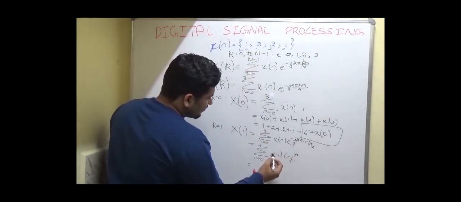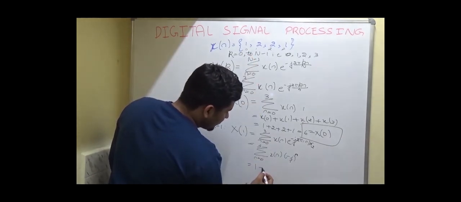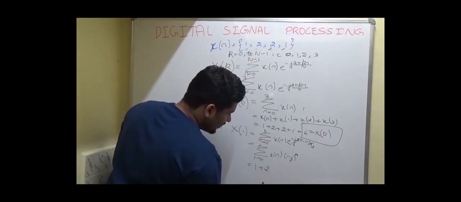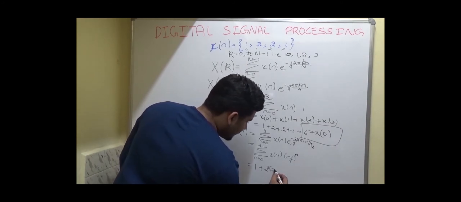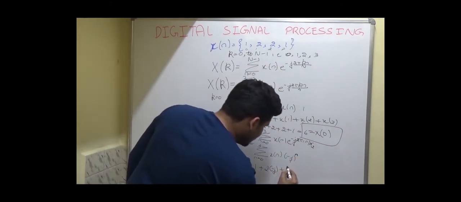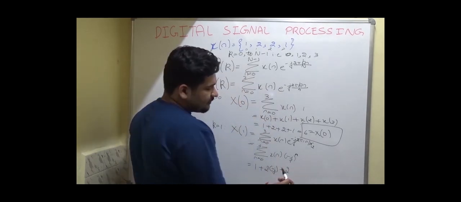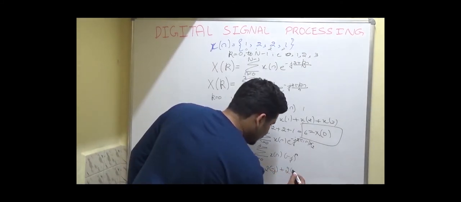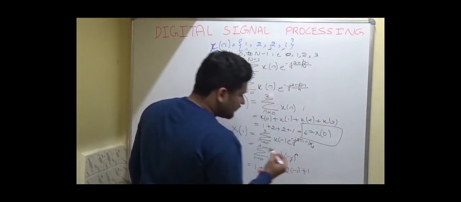So now when x of 0, it is 1, so I'll just write 1, anything raised to the power 0 is 1, plus x of 1 is 2, I'll write it as 2 over here, and when I write 1 in the place of n, I will be getting minus j, plus x of 2 is 2, and when I substitute n as 2, then minus into minus is plus, j square is minus 1, plus x of 3 is 1, so I just represent 1 over here.